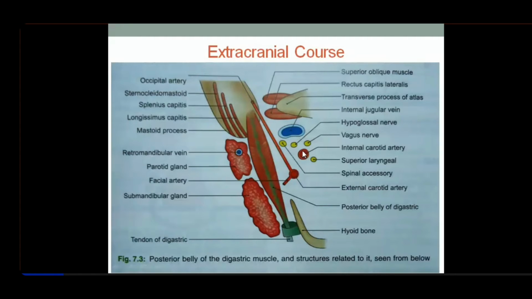Now it has come to lie in between these two vessels, between internal jugular and internal carotid. Further in its course, it will wind anterior to both these, superficially. It will wind like this, it will loop like this, crossing superficial to both these vessels, right? And one other important thing that you are seeing here is this external carotid.